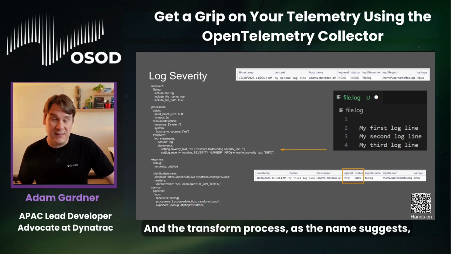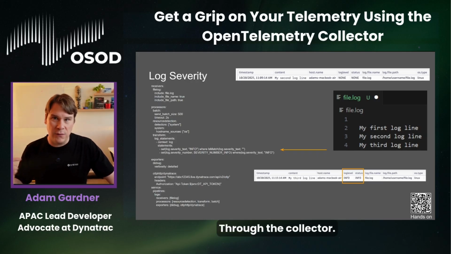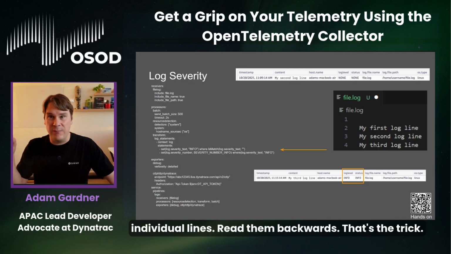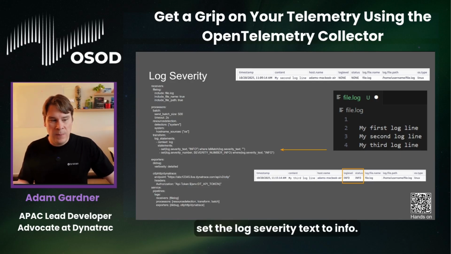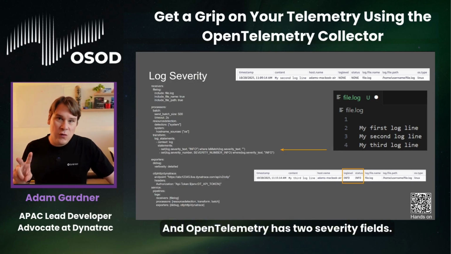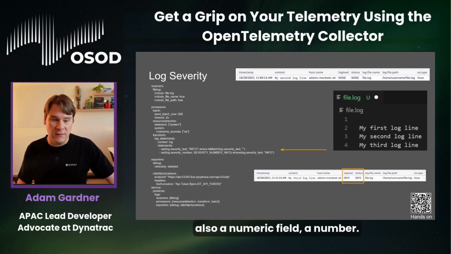And the transform processor, as the name suggests, transforms the log lines as they flow through the collector. Here, as you can see, read these individual lines backwards. That's the trick. So where the log severity text is empty, set the log severity text to info. So kind of a default to info. And OpenTelemetry has two severity fields, the textual field, info, and also a numeric field, a number.